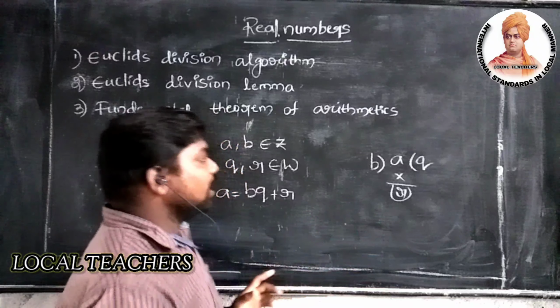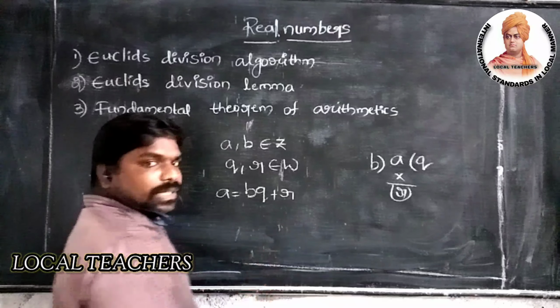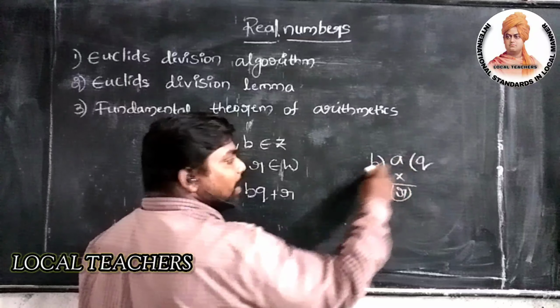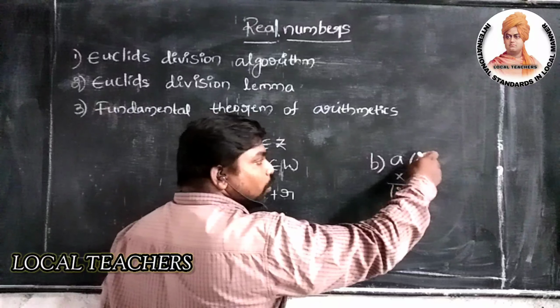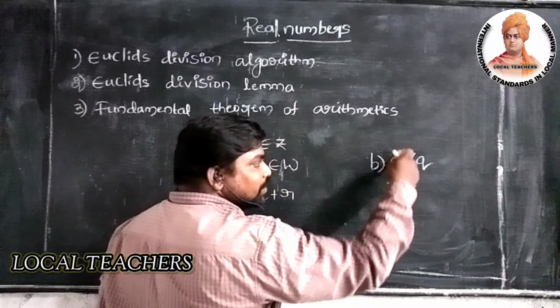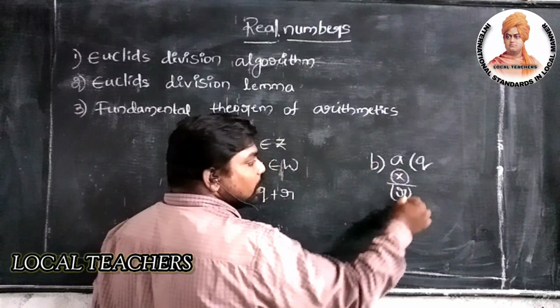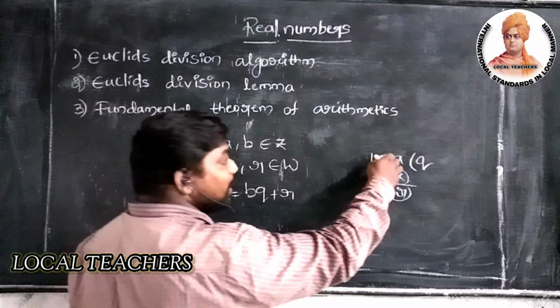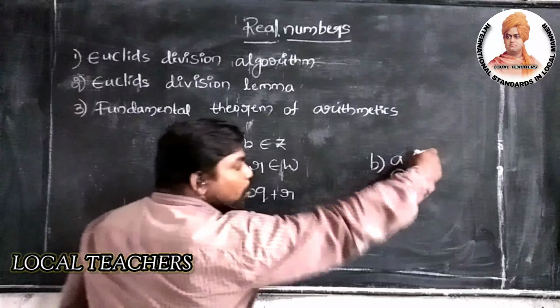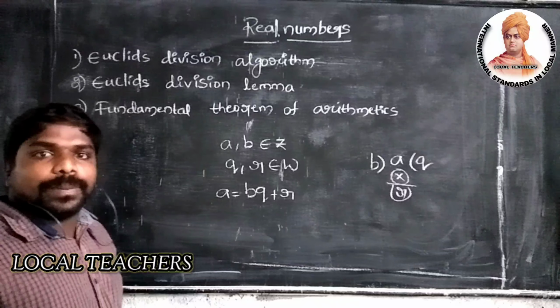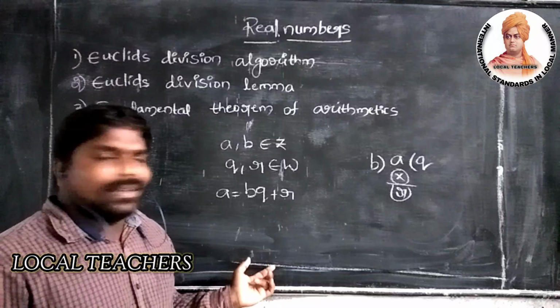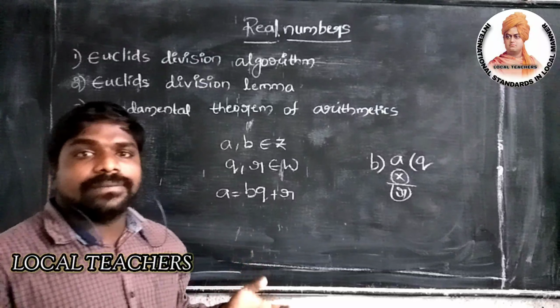A and b are two positive integers. When I divide a by b, multiplying by q, you get an integer. By subtracting this from a, you get r, so that a can be written as b into q plus r. That is the only thing the Euclidean division algorithm tells you.